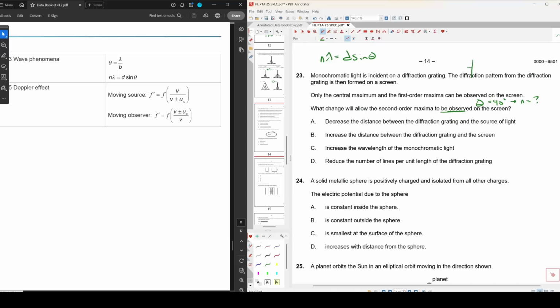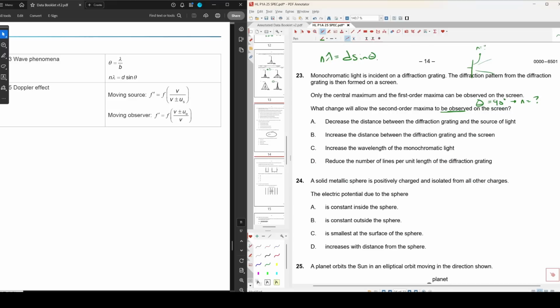Here's my diffraction grating, it spreads out. If I look 90 degrees this way, which n do I see? I can only see the first one, so maybe n equals 1 point something when I do this. So I kind of need the angle to be smaller.